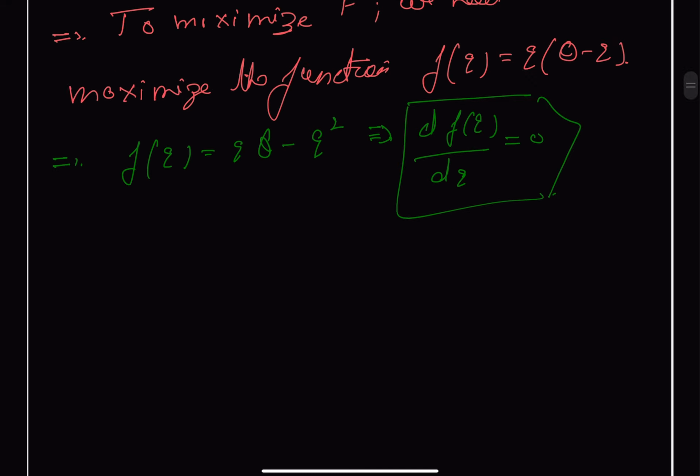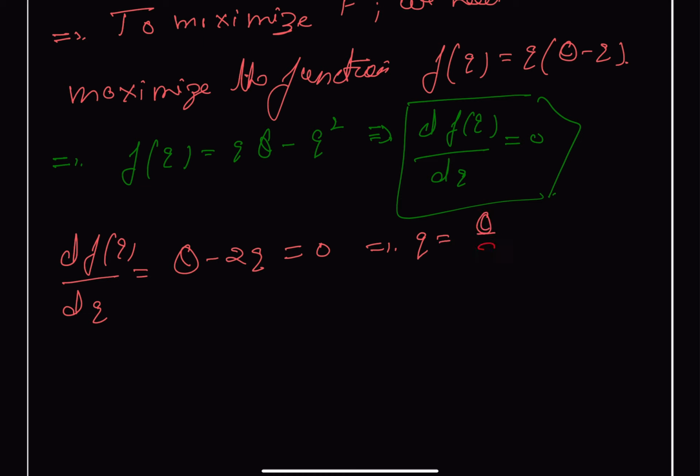So df of q upon dq will give us Q minus 2q, equating to 0. This gives us that small q is equal to capital Q divided by 2.